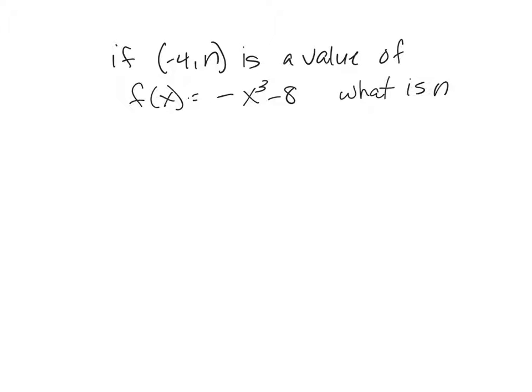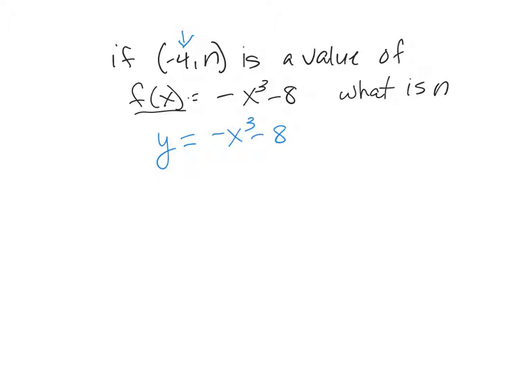So if f of x equals -x cubed minus 8, you could also say to yourself, what is f of x the same as? Well, it's the same as y equals -x cubed minus 8. So here's a point, and that is the x of the point. So all they really want is what is y when x is -4.